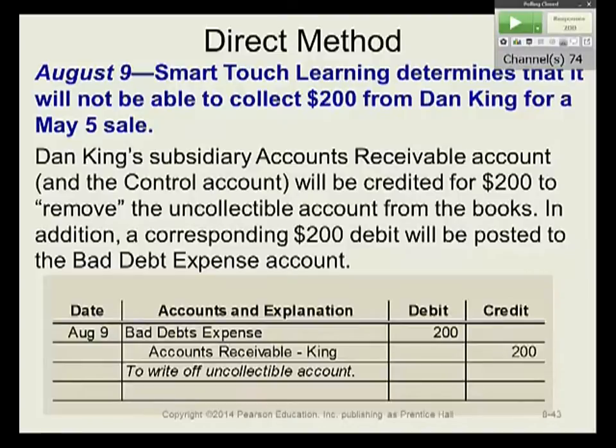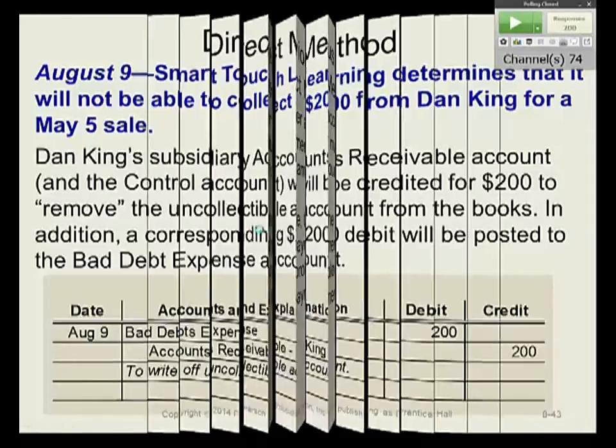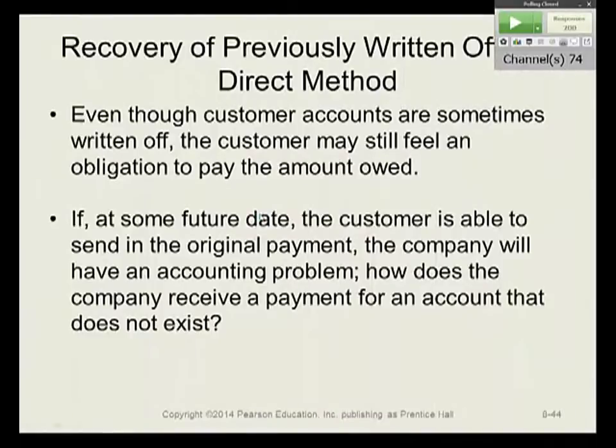So that's going to come off not only the control account, but that comes off the individual customer's account as well. So directly we write this off, and we do this only when they determine that the bad debt or the account is not going to be paid. Now, that's it for direct write-off. I mean, it's very simple.